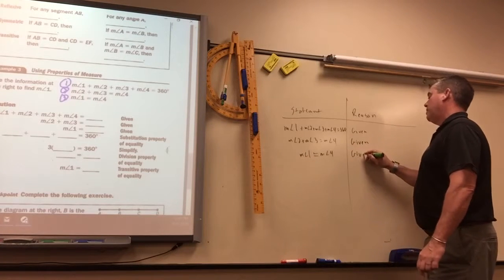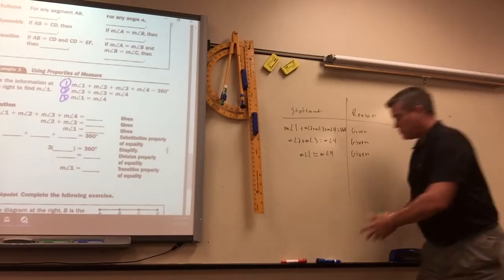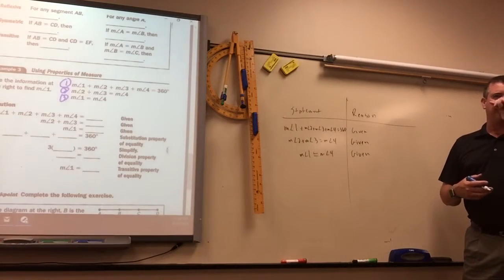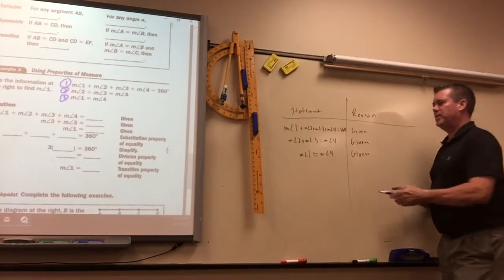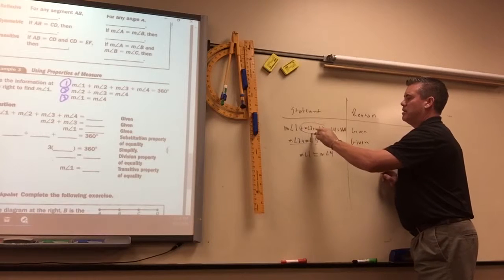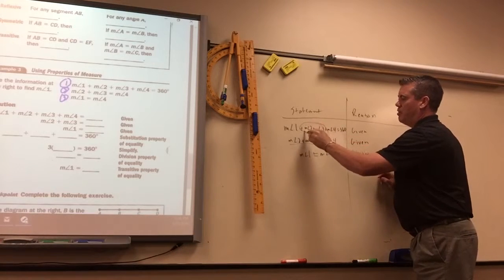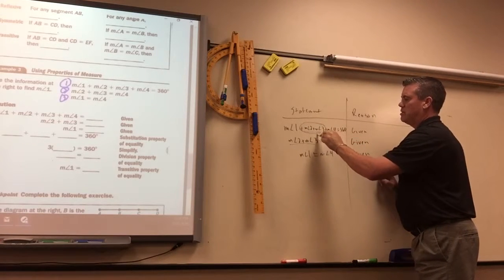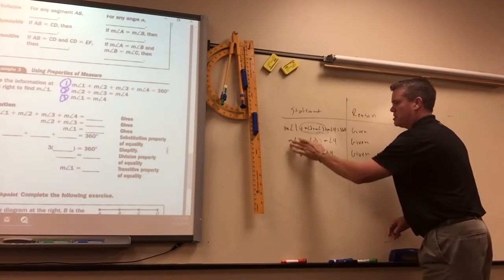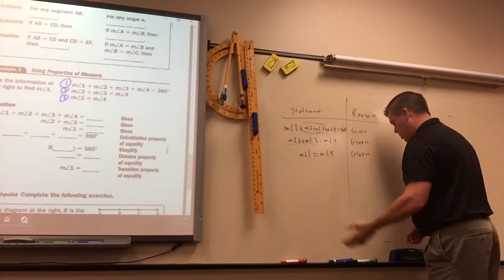That's given. So, whenever they have things equal to each other, substitution is usually the thing to do. Since 2 plus 3 equals 4, could I replace this with 4? Yep, because right here it says 2 plus 3 is the same as 4.